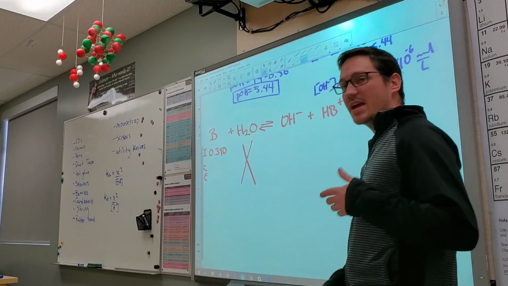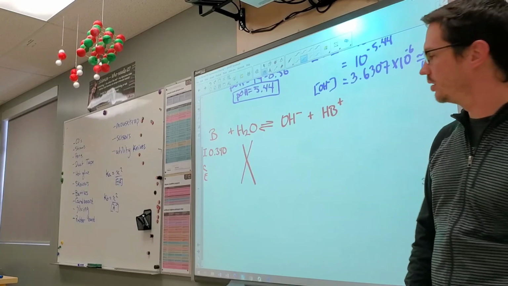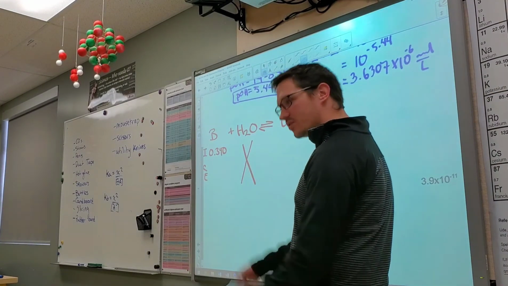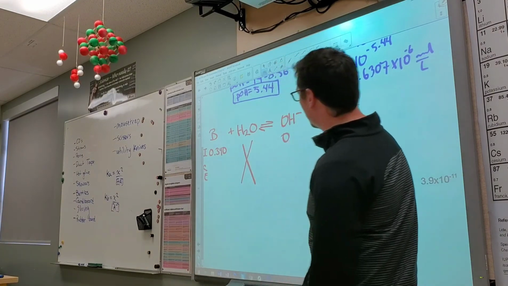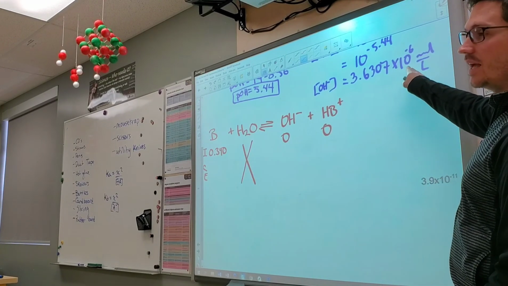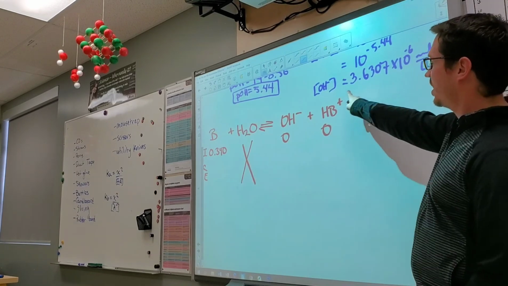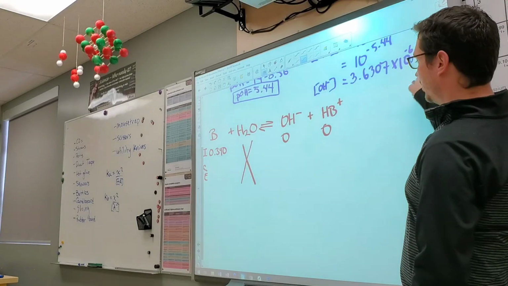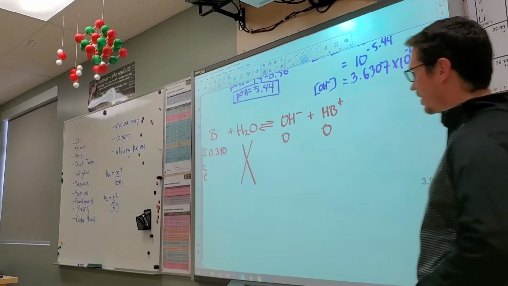How much hydroxide did we start with in our initial pure water solution? How much hydroxide did we start with in pure water, right? 0 and 0. How much hydroxide did we get after we added the base, once we reached equilibrium? 3.6 times 10 to the negative 6, right?